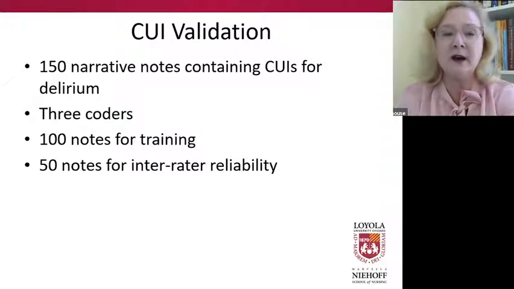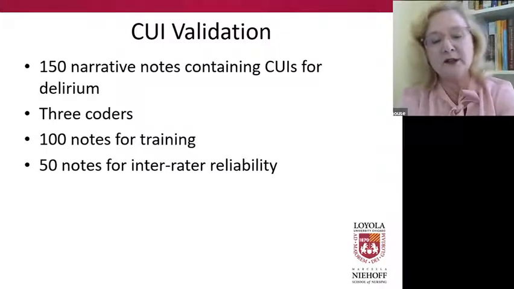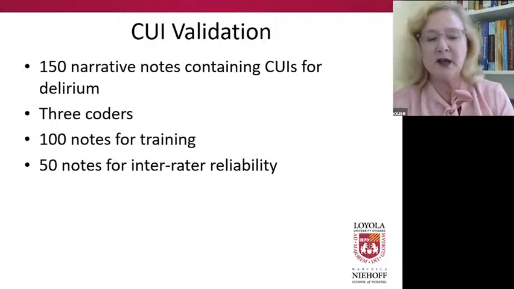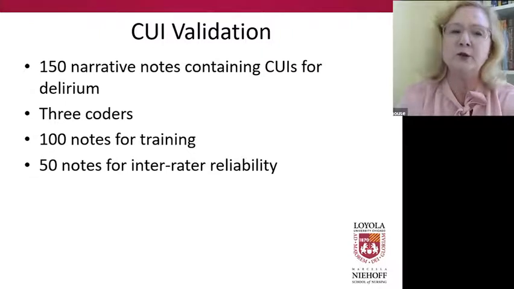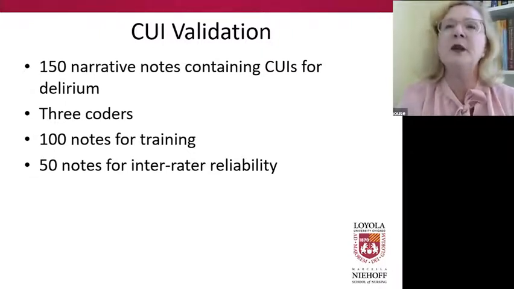So was the context in which the concept unique identifier appeared accurate, not whether it confirmed delirium. We also looked at inaccurate CUI use and indeterminate CUI use. Upon completion, we discussed our disagreements, and then we came to consensus on our coding. Inaccurate CUI use would be something like, for example, the note said the patient was confused about their plan of care. That confused was not being used accurately as that CUI.